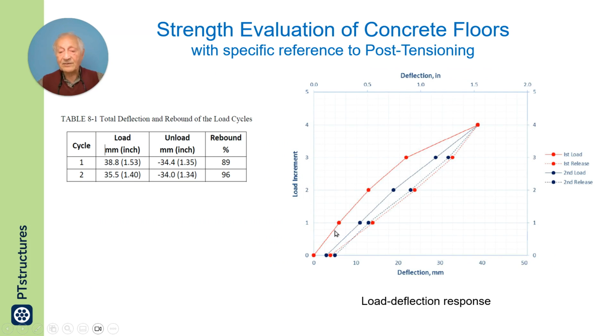Here I have the load deformation of the slab we just looked at. Here is the first loading. You wait about 24 hours, you unload it, then you load it again, you unload it.